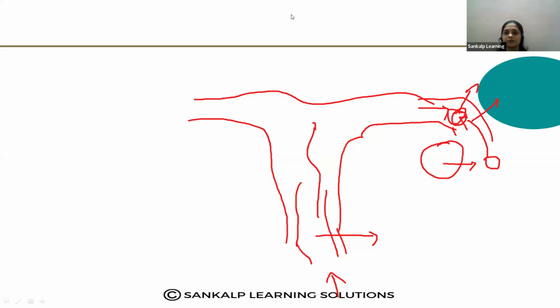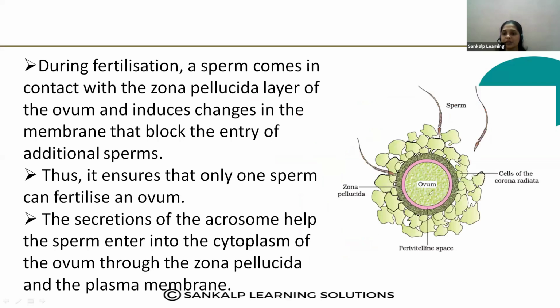When the sperm comes in contact with the ovum, this is the structure of the ovum. Simply we will draw the ovum like this, but actually it is covered by two main layers. In this structure you can observe the two main layers of the ovum.